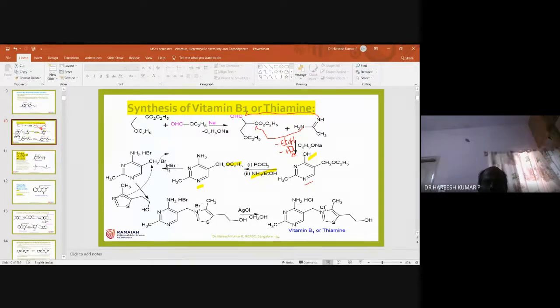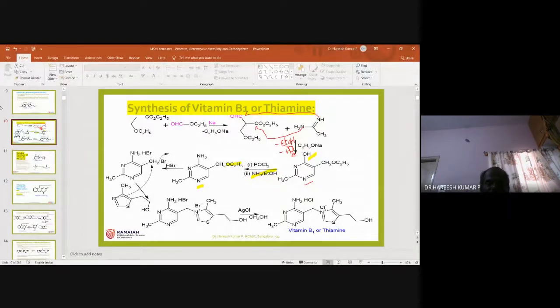Then there will be a cleavage here and a formation of Br. When the lone pair present on this oxygen picks up a proton, there will be a breakage of the bond between the CH2 and O. Then CH2 attains a positive charge. That positive charge will form a bond with the Br minus. So that is how bromide is obtained.